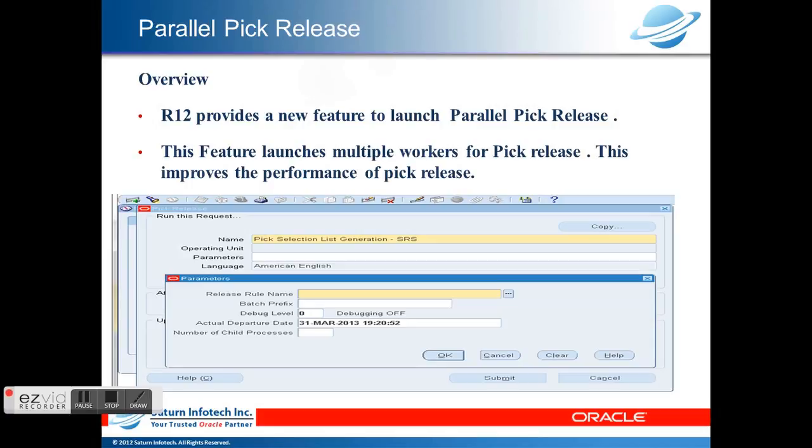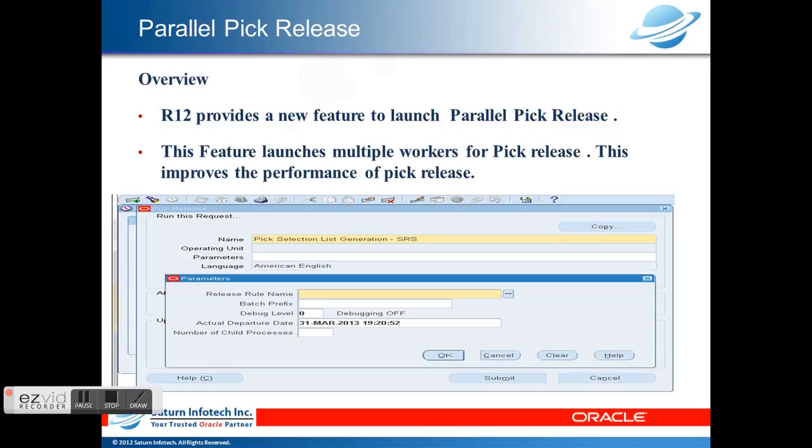Parallel pick release. To speed up the pick release process in release 12, Oracle has given a feature to launch your pick release with multiple workers. When you are launching a pick release using the SRS program, the pick selection list generation SRS program, there is a parameter called number of child processes.